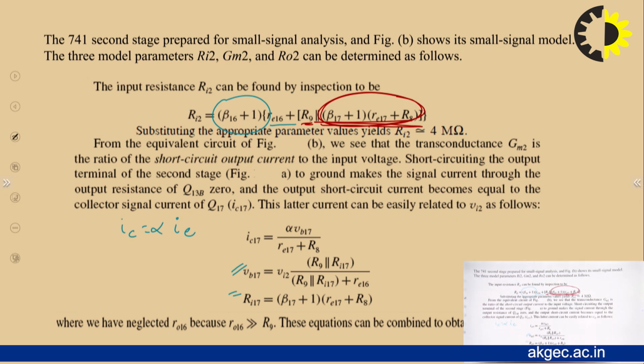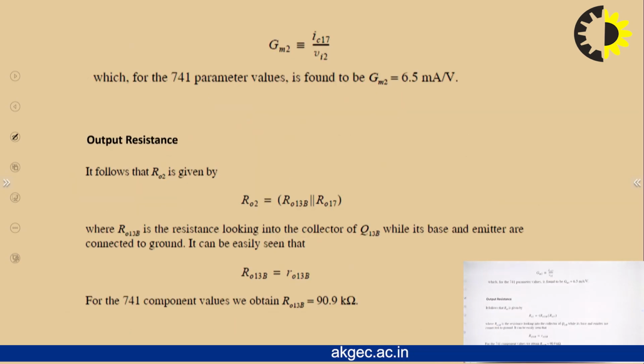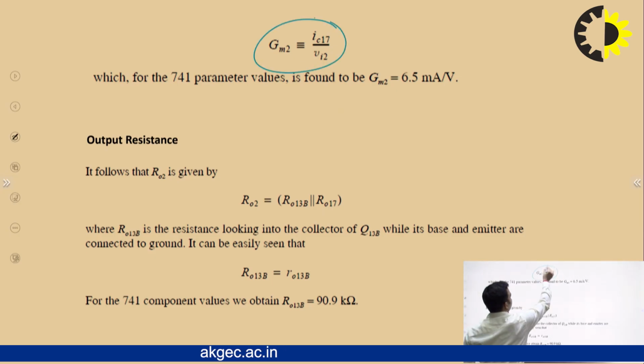So we have neglected RO16 because RO16 is much greater than R9, and you will combine these and we can get GM2 is equal to IC17 upon VI2. So GM2 will be equal to 6.5.